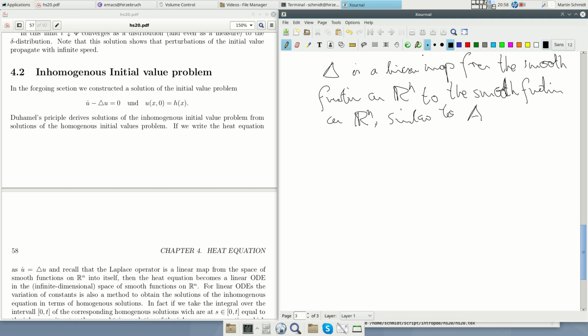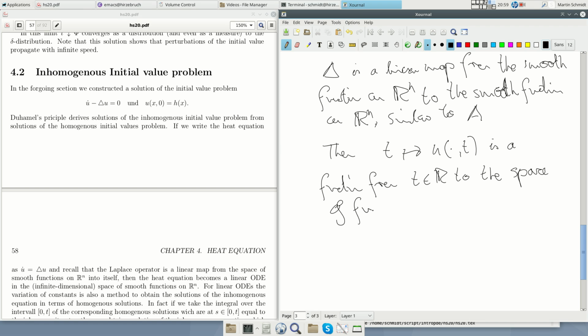Okay. So we make this into a vector space. u of dot t is a function from t in R to the space of functions on Rn. And then we insert x.